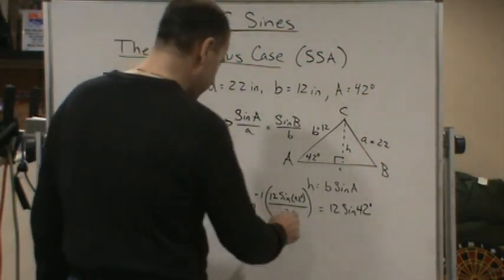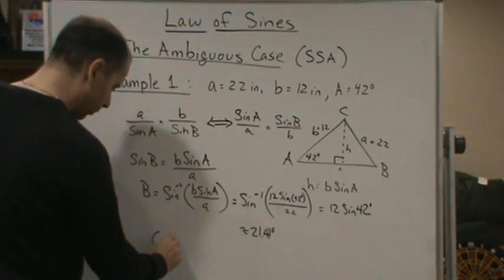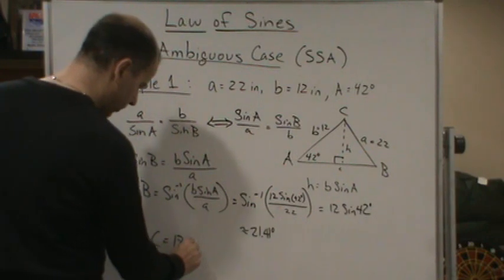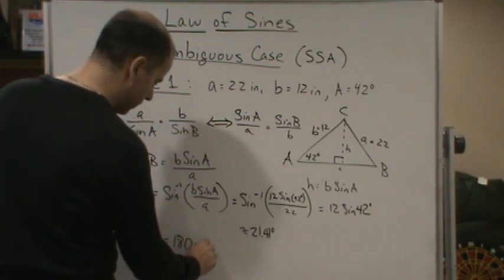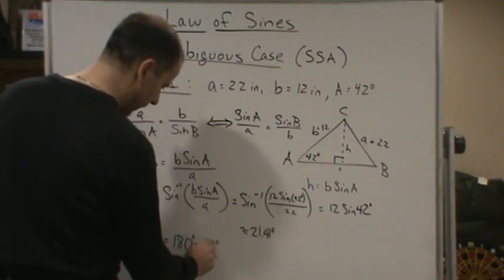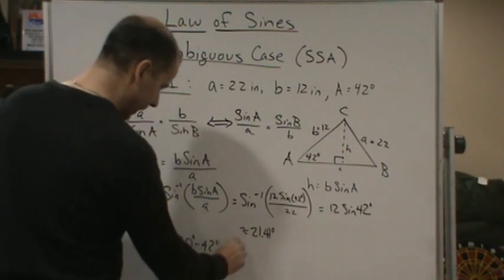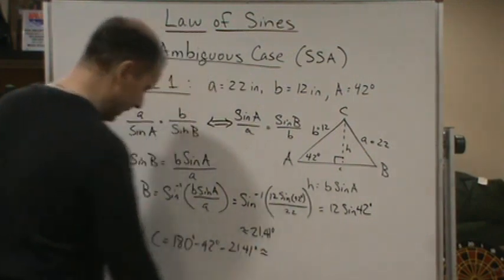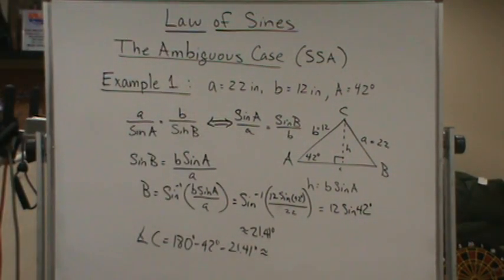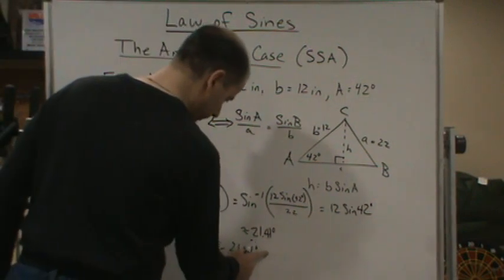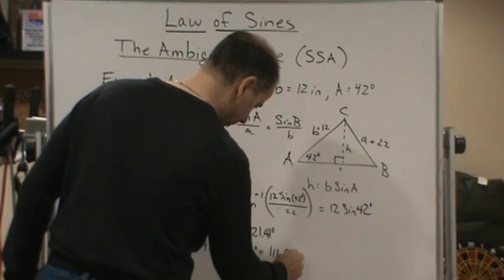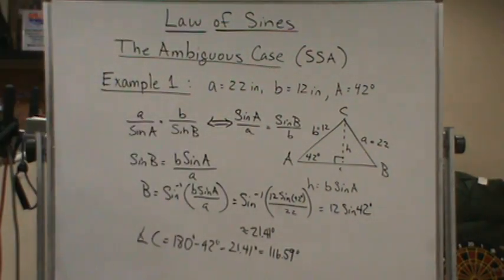So now, to find C, we're going to use 180, so angle C equals 180 minus 42 degrees minus 41.41 degrees, which is then going to give us an angle measure of 116.59 degrees. Okay?